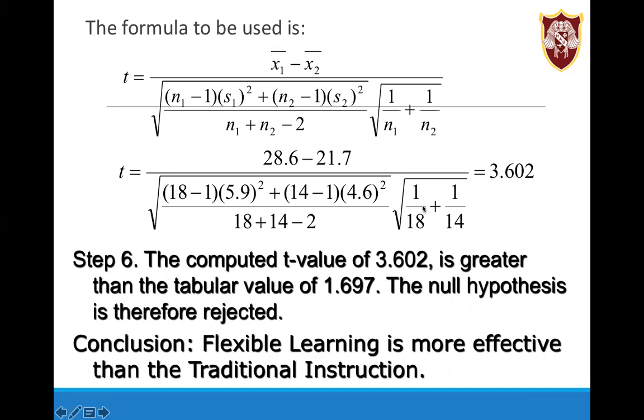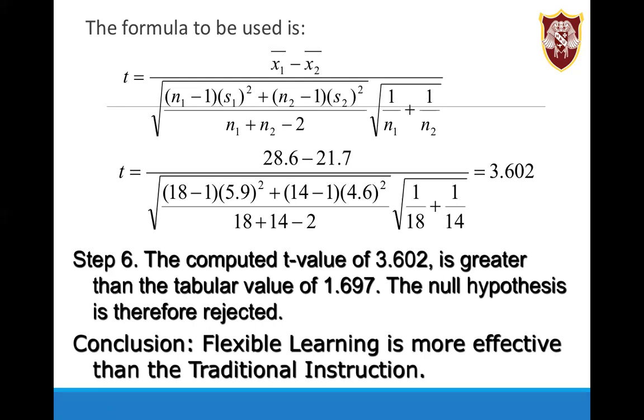So the resulting value that we get is 3.602. So this one is our computed value of t. So step number 6, we now compare the computed t value with that of the tabular or critical value.